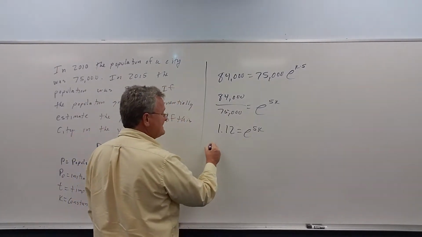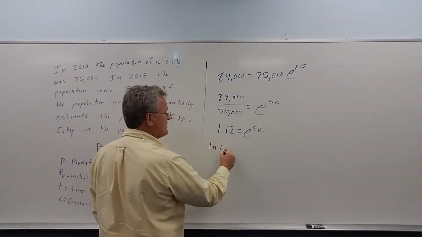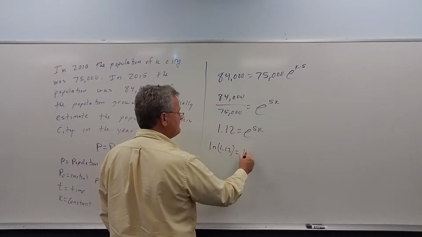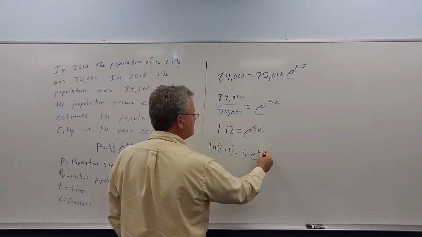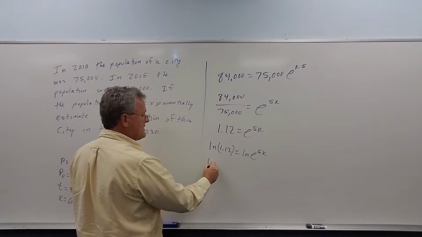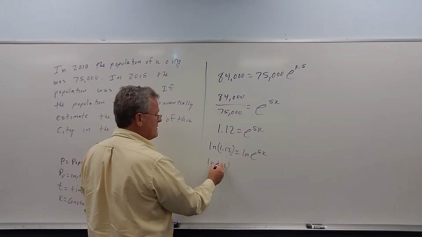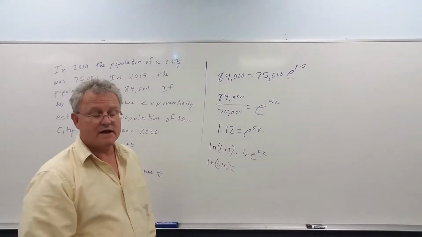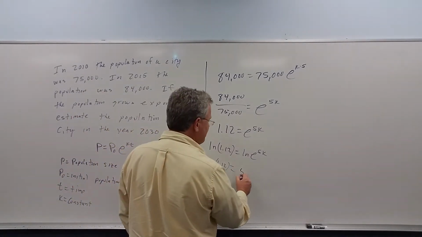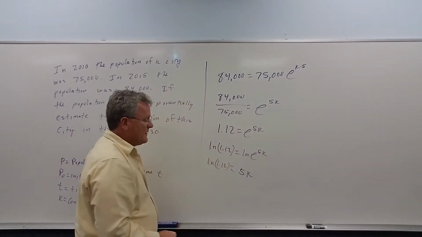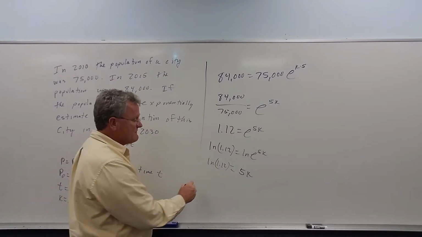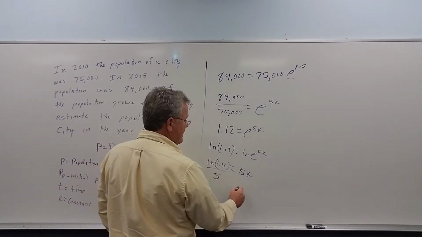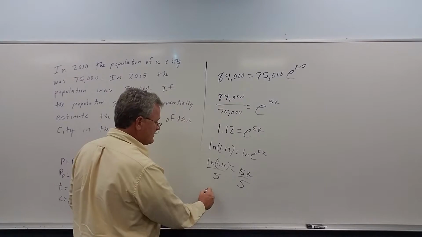Because this has an e in it, let's take the natural log of both sides. So this becomes the natural log of 1.12. The natural log of e to the 5k is just 5k. To solve for k, we divide by 5, and there's our value of k.